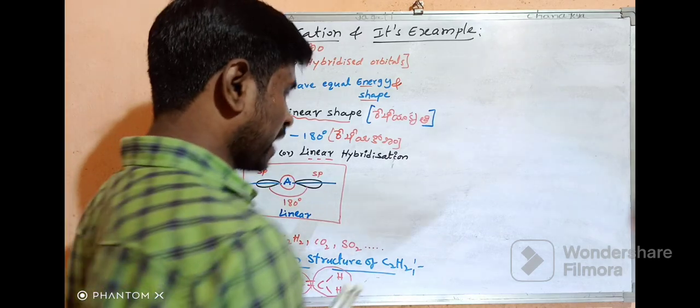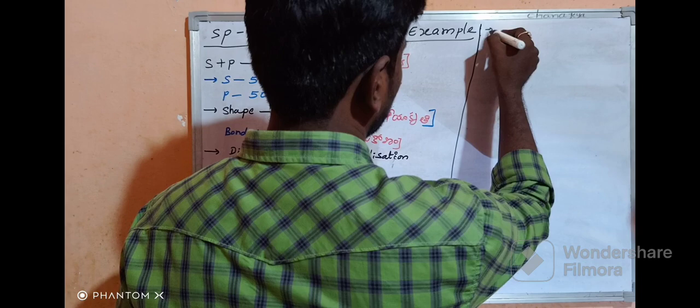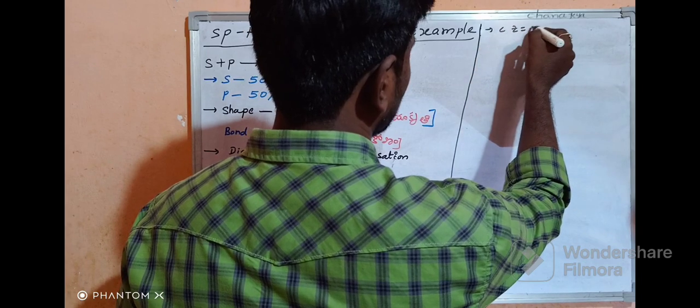So what is the atomic number of carbon? The atomic number of carbon is 6.